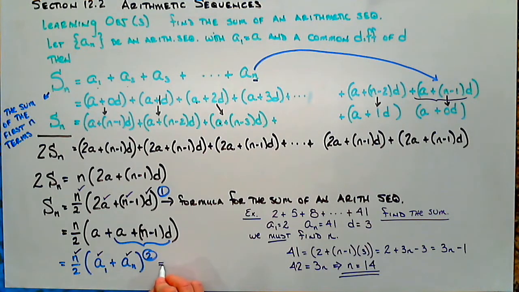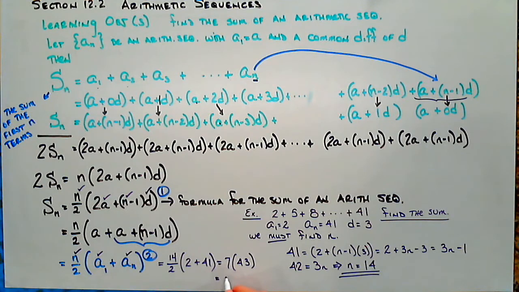What would we get for our answer? We'll just work it out right here. We would get n. We said n was 14, so that's going to be 14 divided by 2. And then we get the first term. We said our first term was 2. Our last term is 41, isn't it? 41. So what do we get? We get 14 divided by 2. That's 7. 2 plus 41 is 43, right? 43.